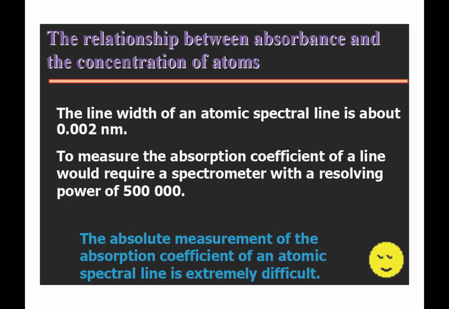hollow cathode lamp. And that's elegance for somebody who thinks, and it had given a lot of problems in measuring here. So the takeaway point is the limitation. The line width of an atomic spectral line is about 0.002 nanometers. So you have to measure the line width or the absorption within that range.